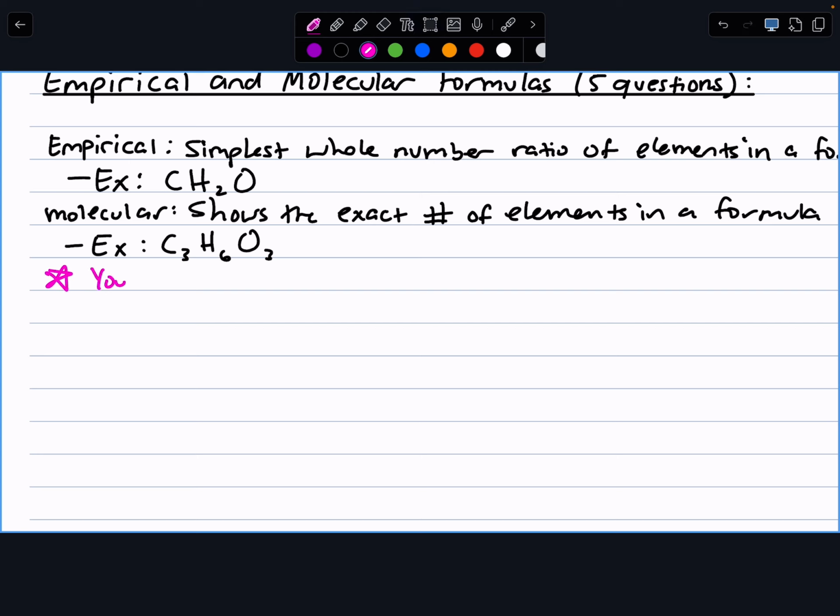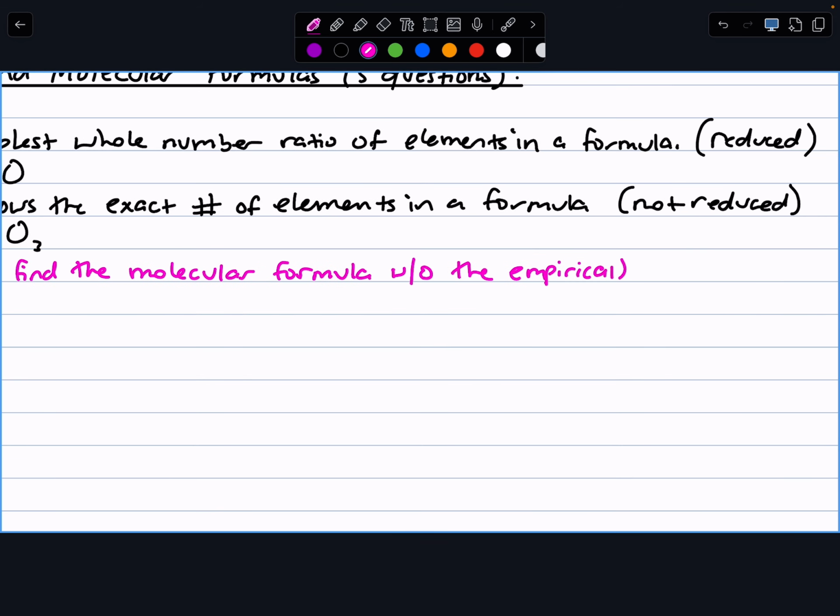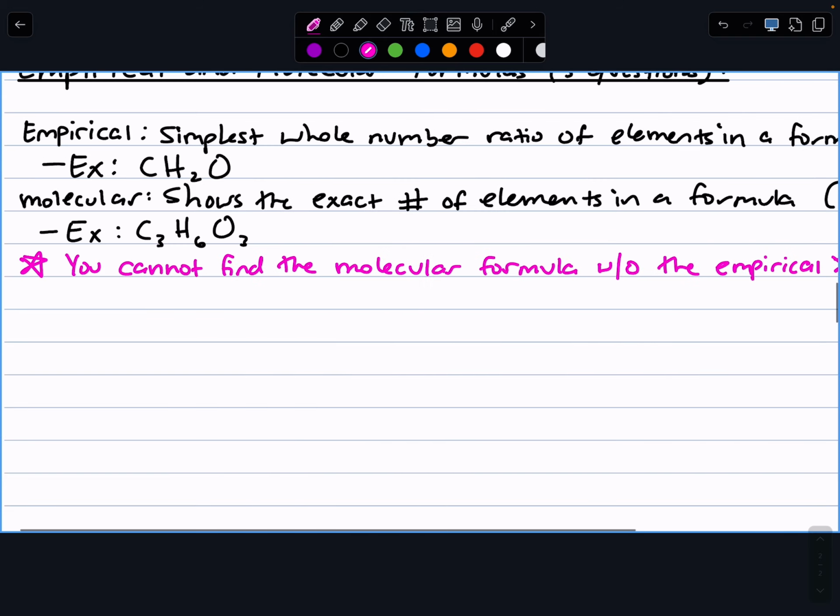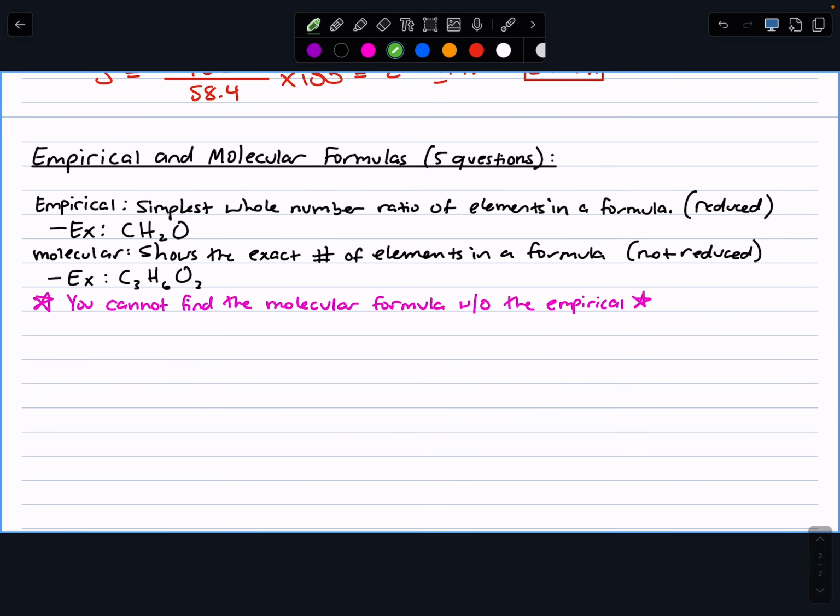You cannot find the molecular formula without the empirical.